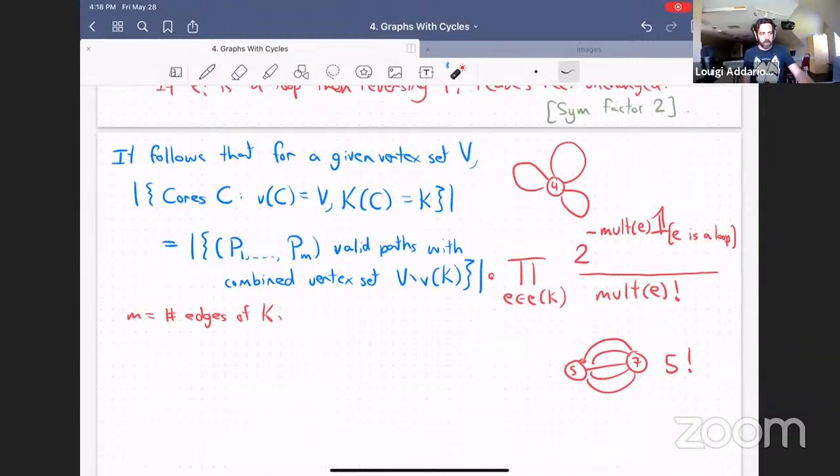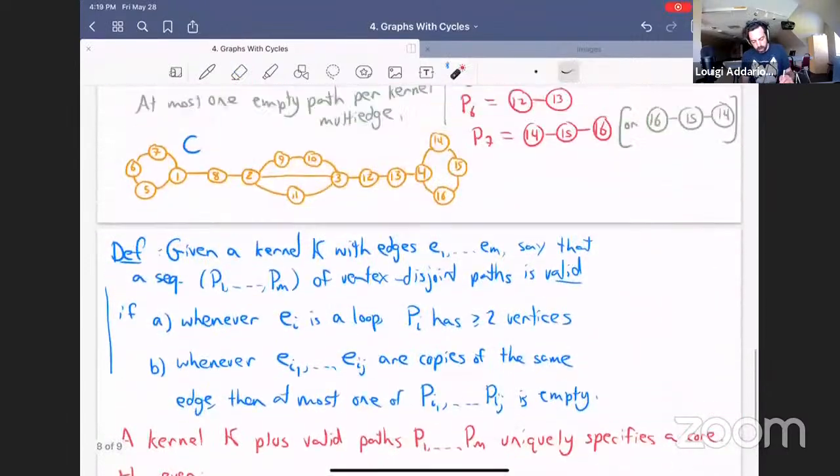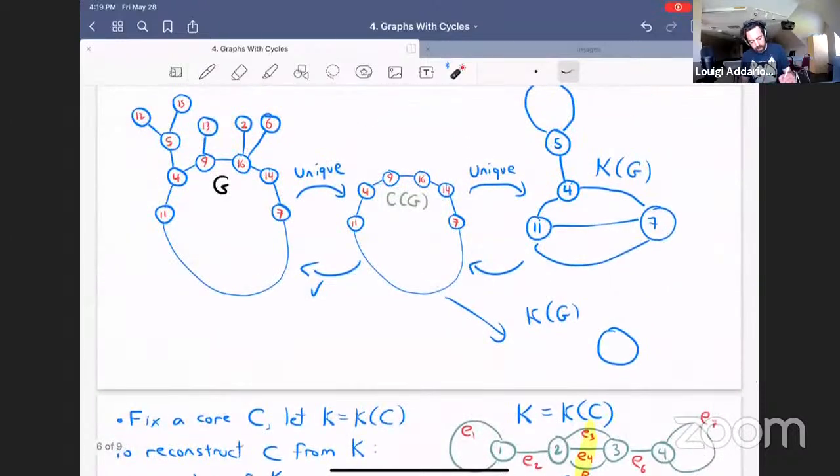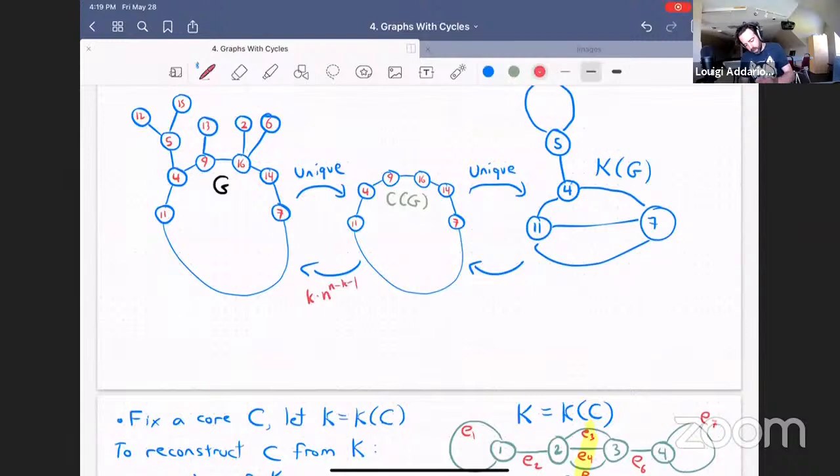Okay, so that's a formula for how many ways there are to go back in this diagram. Here we had this k times n to the n minus k minus 1, and now we have some more complicated expression.